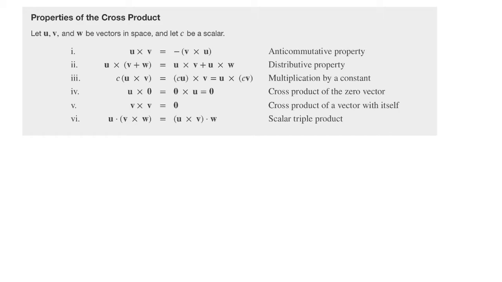And so summing up all of the properties that we've discussed so far, we have them all listed here in this box, with the exception of one of our other important properties, namely that u cross v is orthogonal to both u and v.